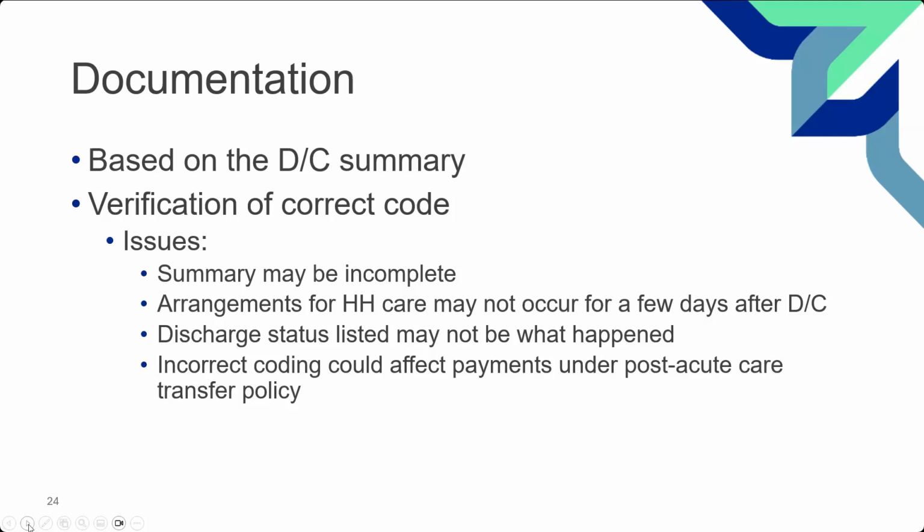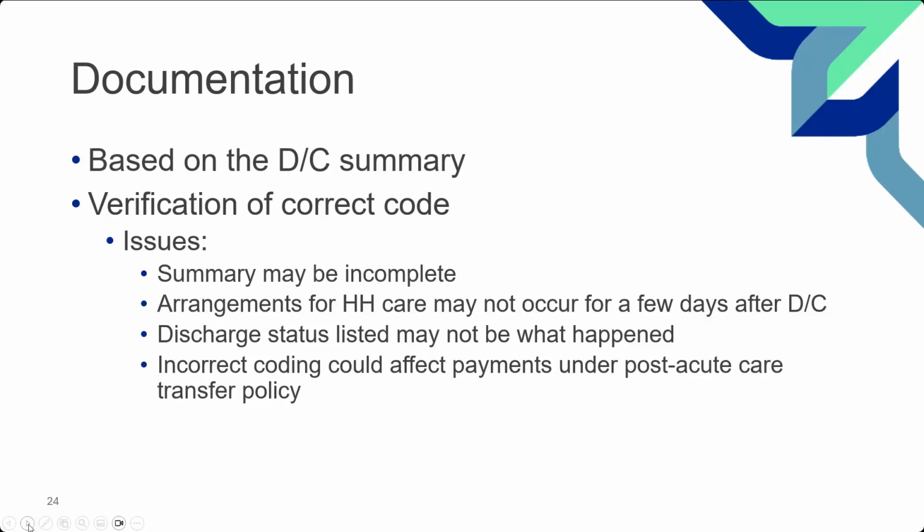Other issues: paperwork is completed, signed, dated. So everything that you have on file, all your documentation, seems to be right in line with where the patient is going after discharge. And then at the last minute, the family decides to take the patient somewhere else, other than where the arrangements were supposed to be. Maybe they were supposed to go to a SNF and the family just took them home, or vice versa.